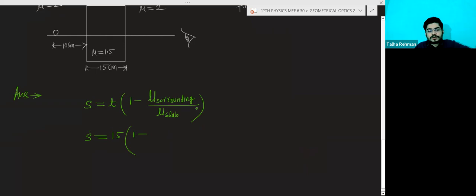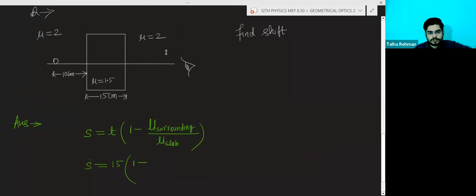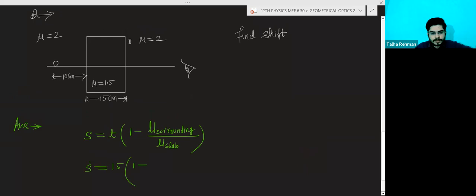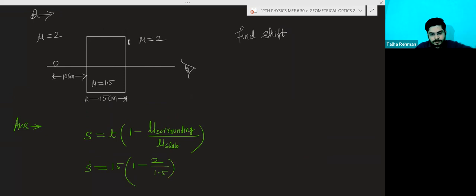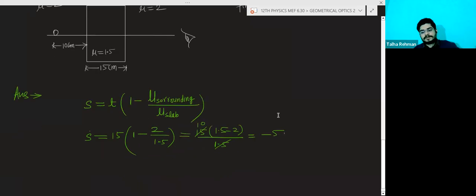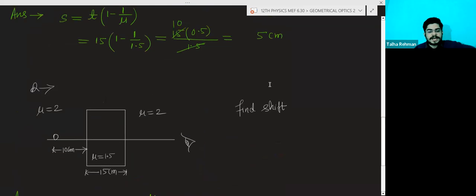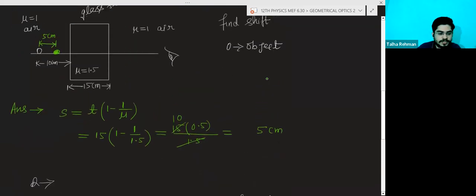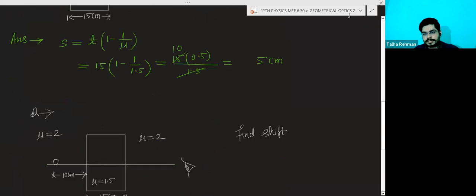What is the refractive index of the surrounding medium? 2. Surrounding medium is 2 and refractive index of the glass slab is 1.5. So here you will get 15 and 1.5 minus 2, and here is 1.5. So it will be 10 times 1.5 minus 2, which gives minus 5. Shift, you are getting negative shift. So there are two points that should be noted.